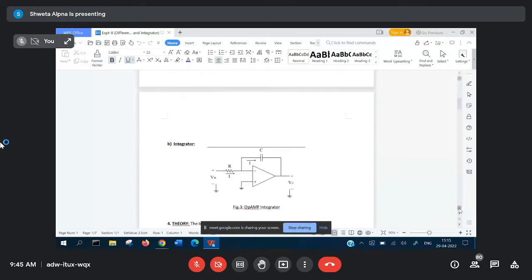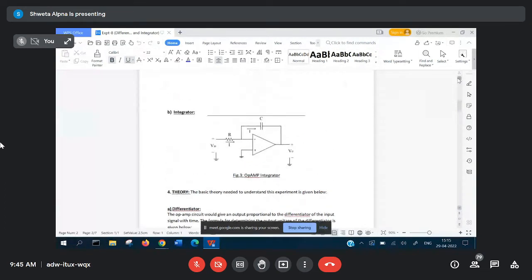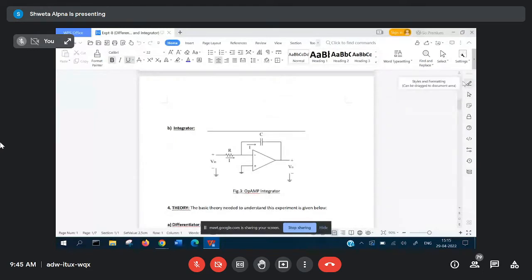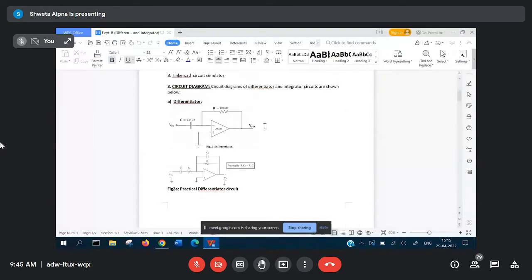Therefore you get minus RC d by dt of V in. This is a differentiator, where the output is the differentiation of the input. This equation you get when you apply Kirchhoff's voltage law in this circuit. Those details you will do in the theory. So this is a differentiator.